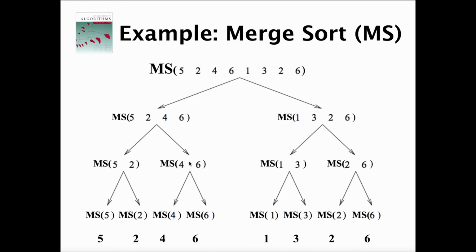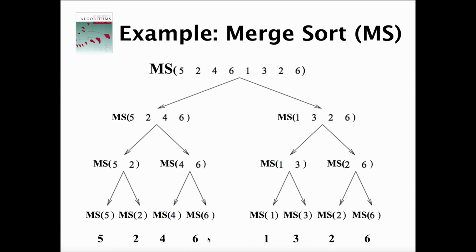Okay, so this is an example of merge sort for this input instance. So the first half is here, the second half is here. We perform merge sort recursively until it becomes a single element. And trivially, this part is already sorted.